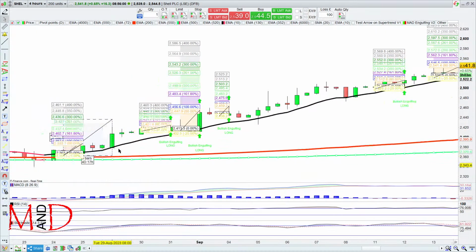So if you were to do that on a spread bet, as this is, you would have already made back more than what you would have made on your share account. But I say but, yes, this is tax efficient.